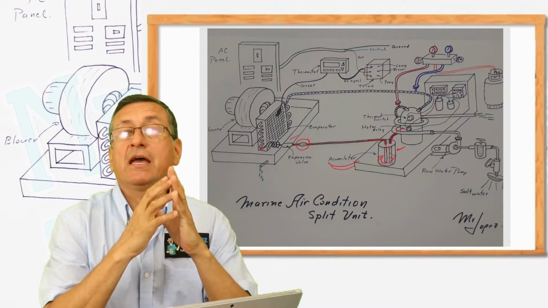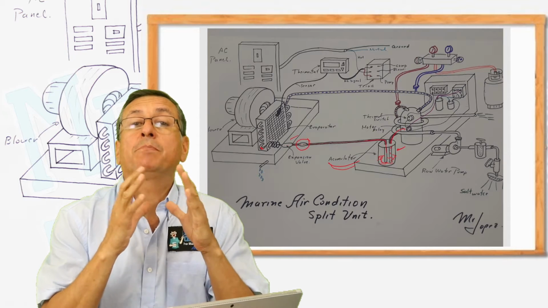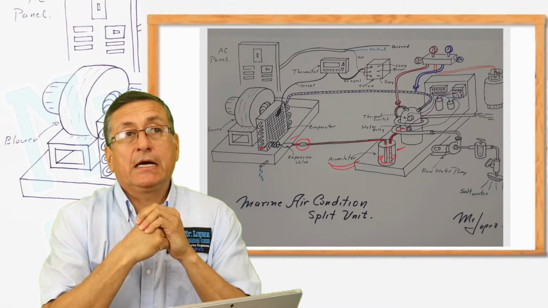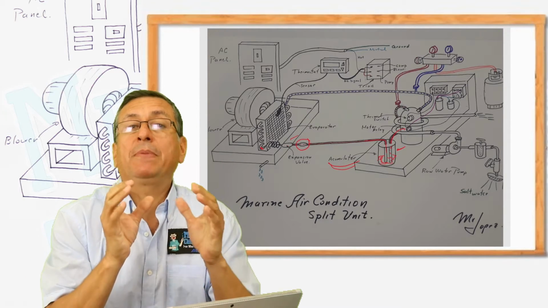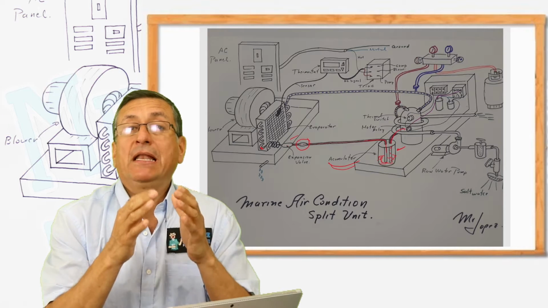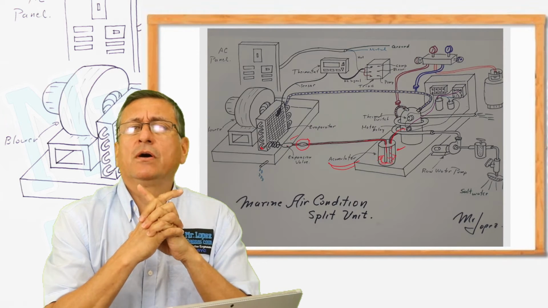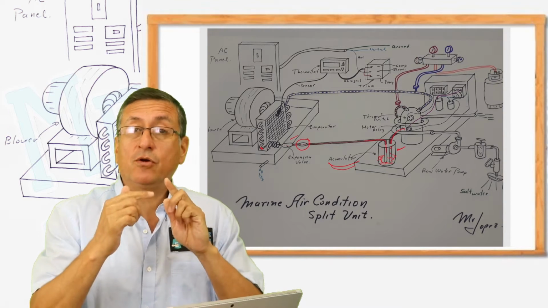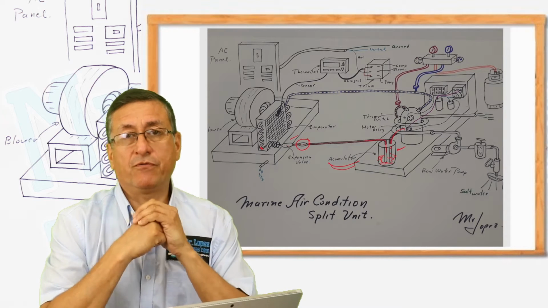In the next video clip, we are going to analyze the capillary pipe expansion valve. This is the typical expansion valve used in marine applications, the capillary system. And there is another type of expansion valve used, the thermal expansion valve, that we are going to analyze after that in another small video clip that I prepared for you.